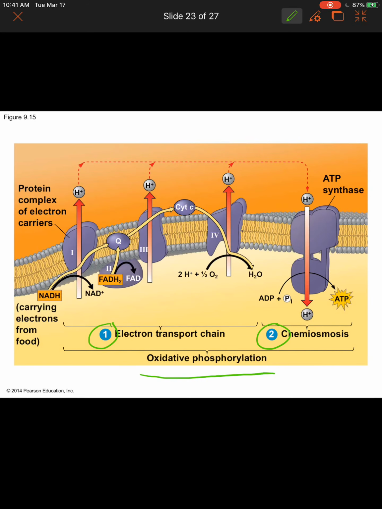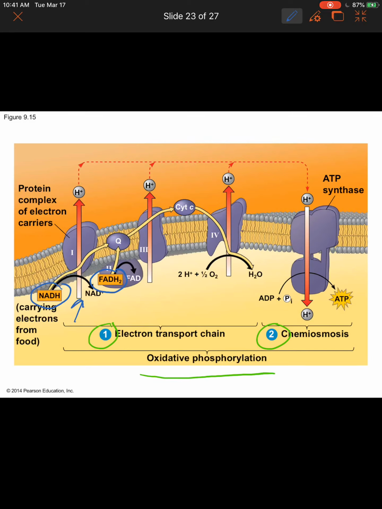All right, let me change colors again. Okay, so here we have the electron transport chain. You have NADH and FADH2 coming in at the very beginning, dumping off their electrons. The electrons move down the chain, as you see here, giving off their energy, which is then used to pump protons across the membrane, as we said.